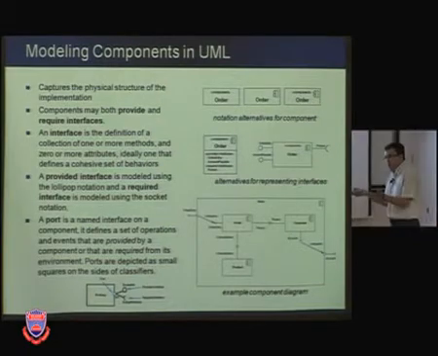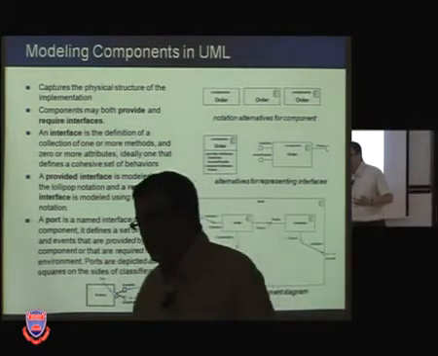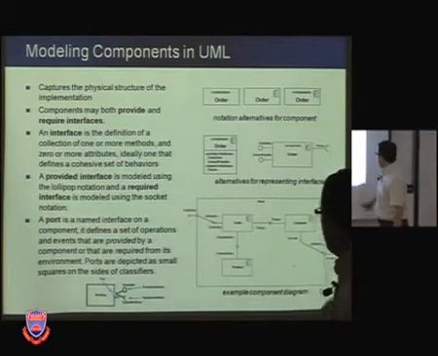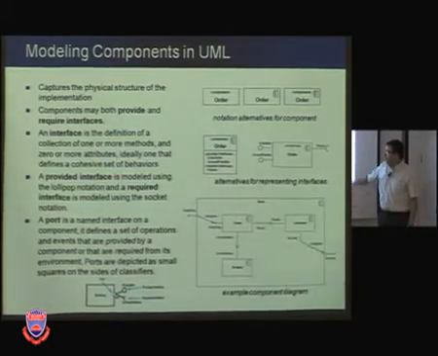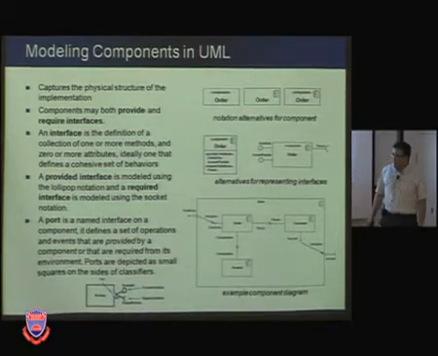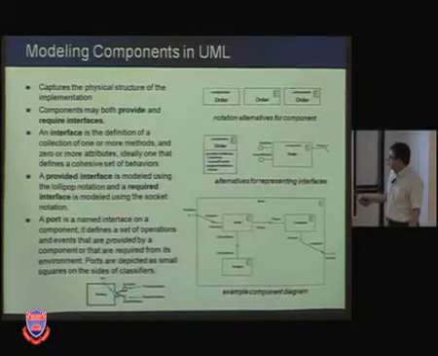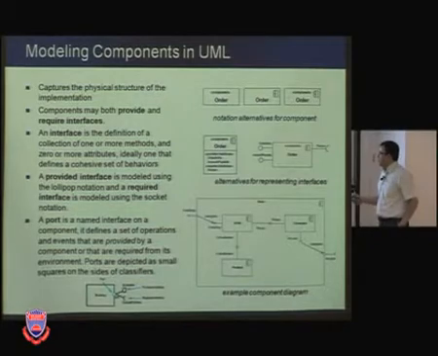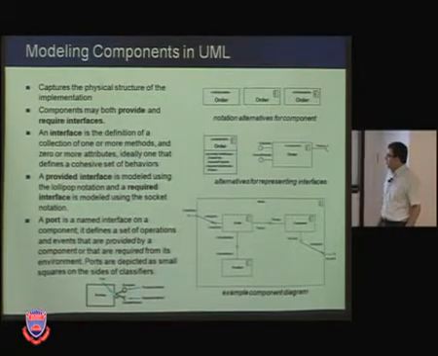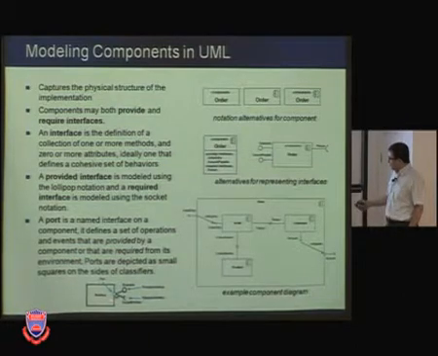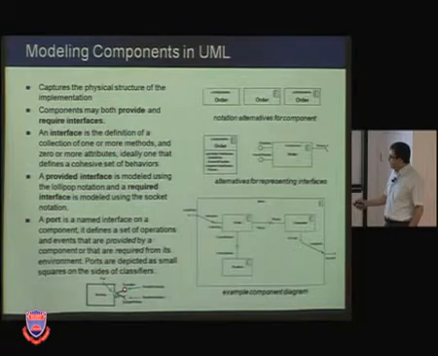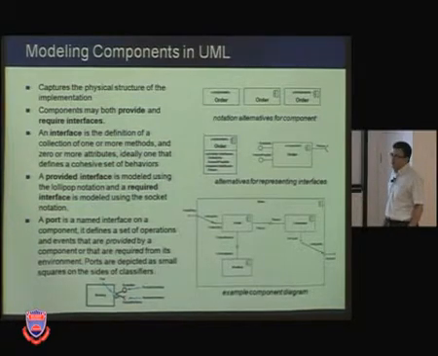So you have separate components, individually deployable. You can compose these by typically connecting these provides and requires interfaces. Every component has also a port. It's a named interface which defines a set of operations and events that are provided and that are required. So this is like a port which has here, in this case, a provides interface and a requires interface. Okay?